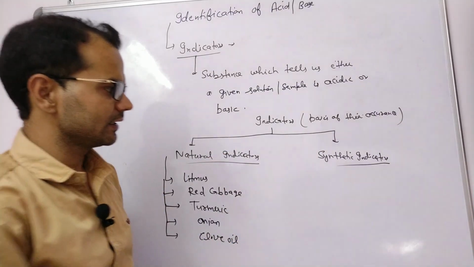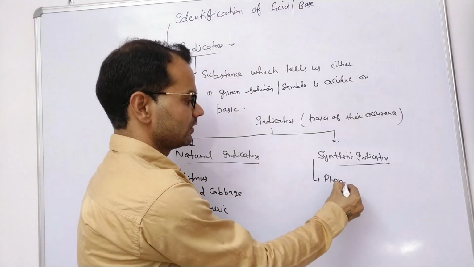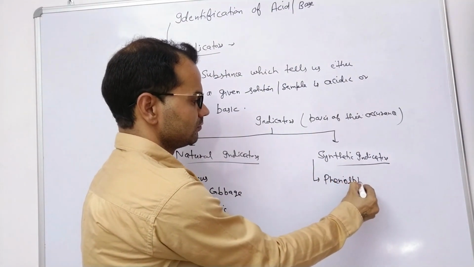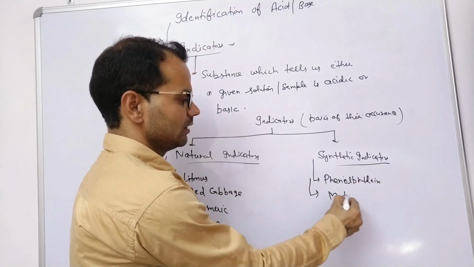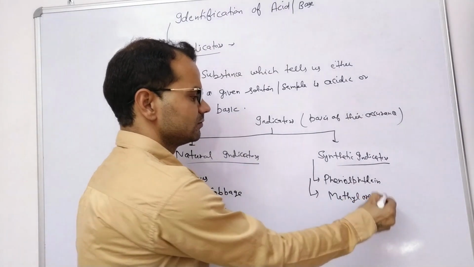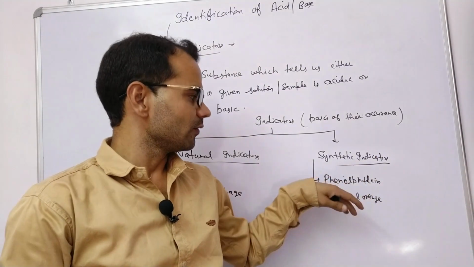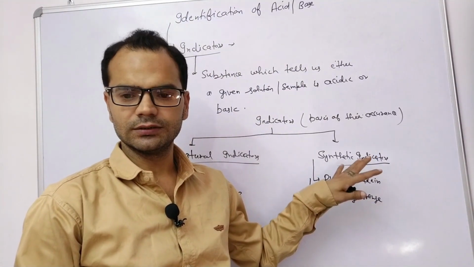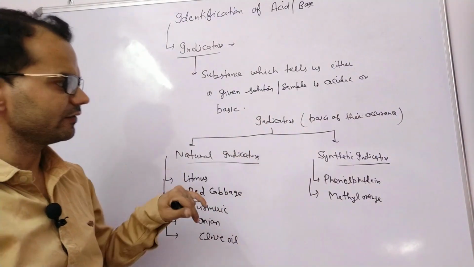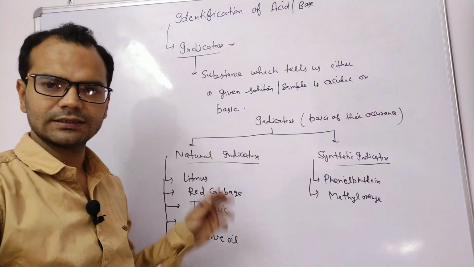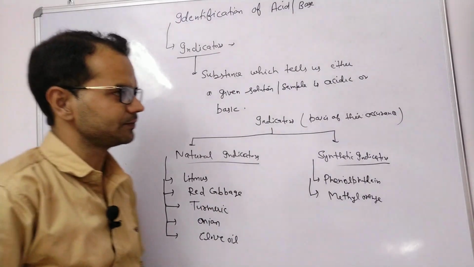Clear? For synthetic indicators, generally we use 2 chemicals or dyes: one is phenolphthalein and second is methyl orange. Let's understand each one with an example, how an acid reacts or changes color, and what the properties are. We will discuss it.